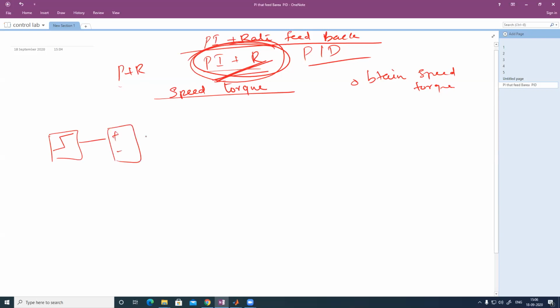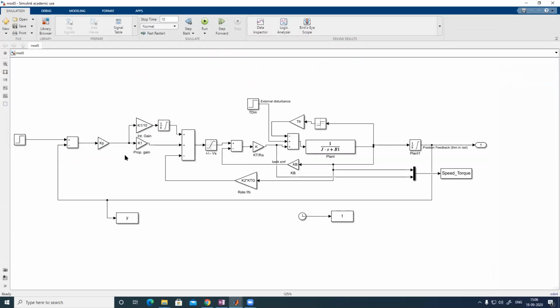Again a comparator is coming, and the KP, KI, this is the PI controller, and this PI controller is actually PI plus rate feedback control. This P plus I plus rate feedback control is coming here, and it is actually a nonlinearity called supply voltage limit.